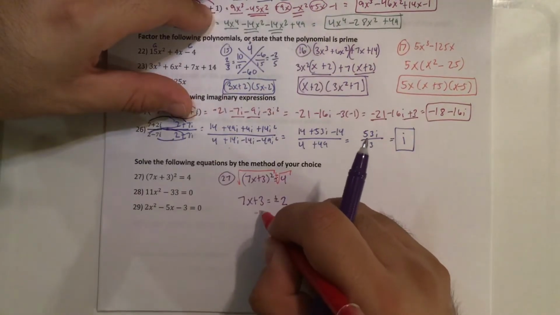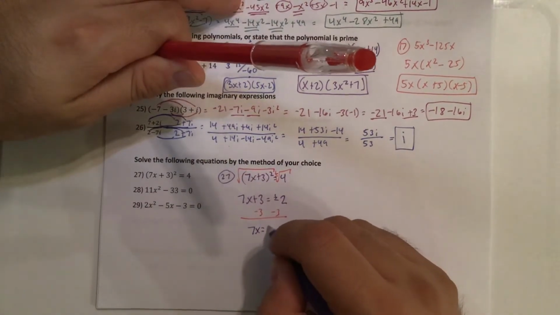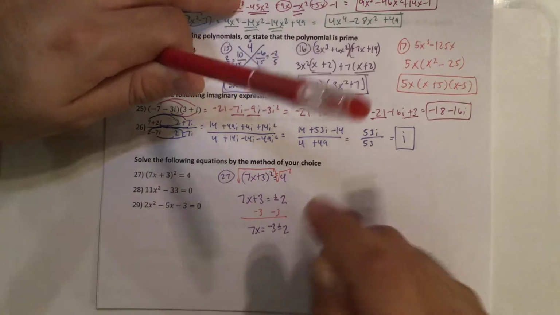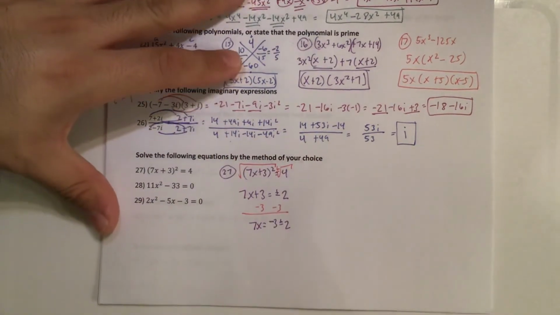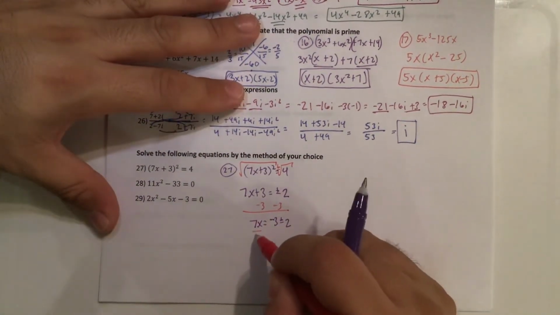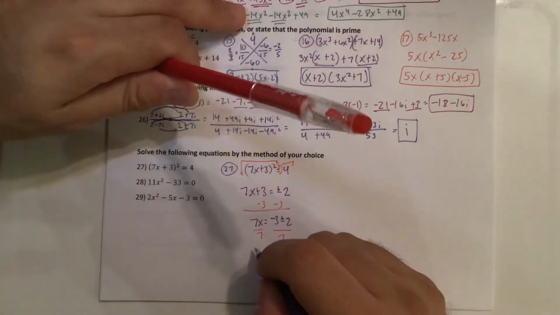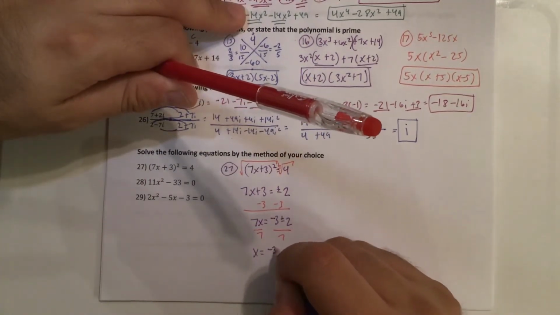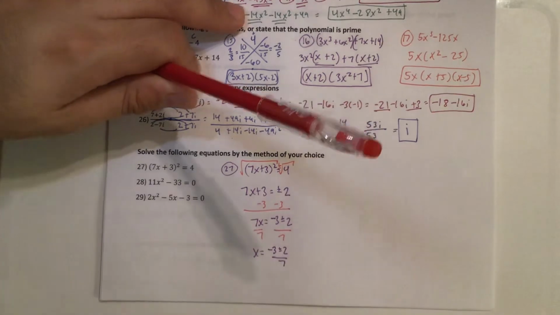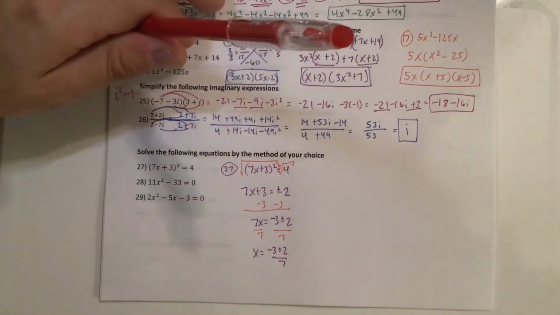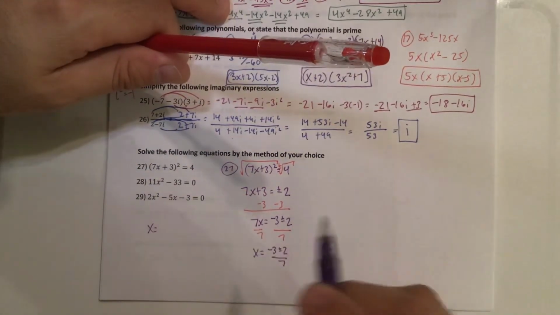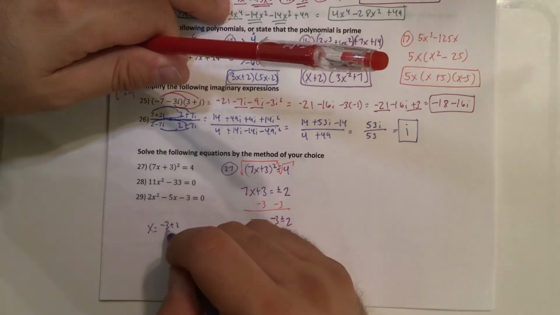To isolate the x, we're going to start by subtracting the 3. So 7x equals negative 3 plus or minus 2. And I can't combine those because the 2 has a plus or minus. And last, we divide both sides by 7, giving us x equals (-3 ± 2) divided by 7. So here we're going to work these out separately. The first one is x equals (-3 + 2) divided by 7.